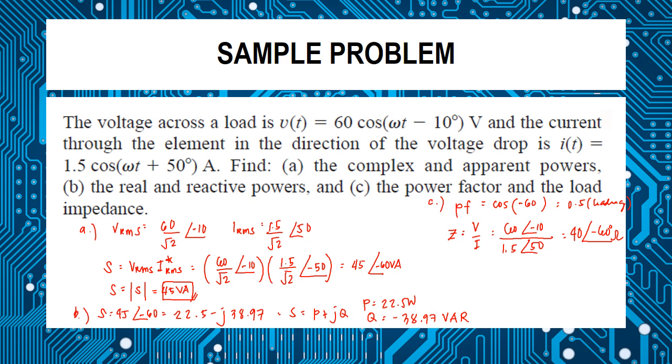First, for the complex and apparent power, let's find the RMS values of the voltage and current.